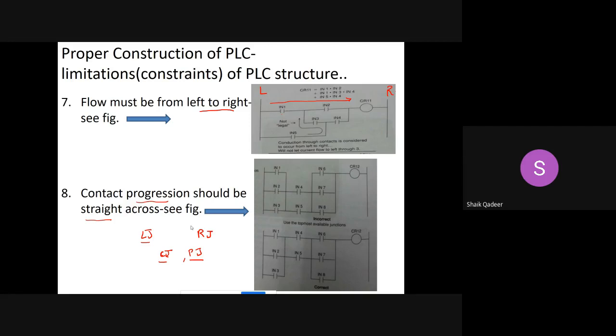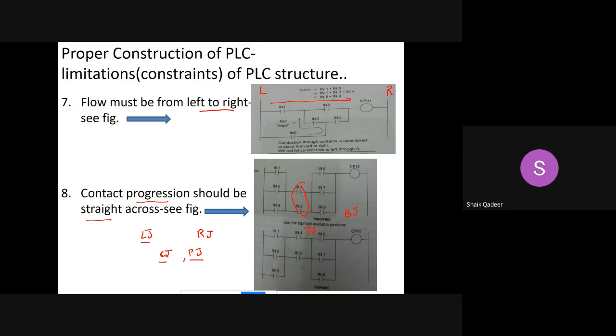In case of PLC programming, the contact progression should be straight across, meaning, you see, these two rungs can be either justified from down, bottom justification, or this is called top justification.